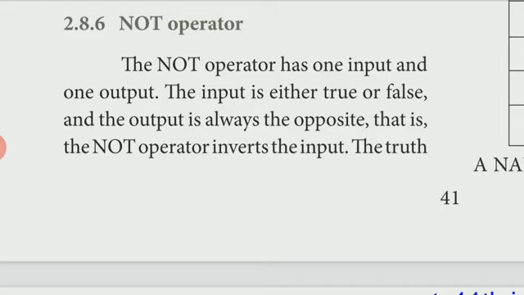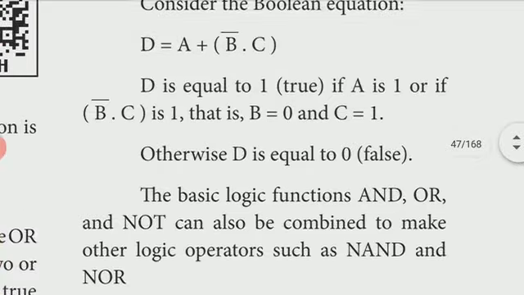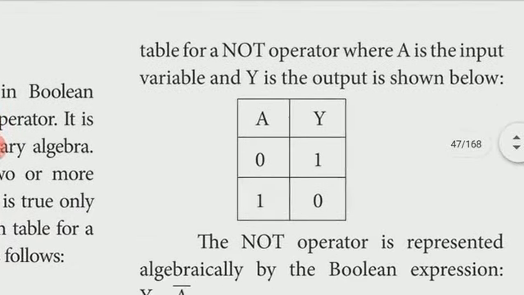That is, the NOT gate works like this: if the input is true, the result becomes false, just opposite. And if the input is false, the result becomes true. That is inverse. For example, see here, this is the truth table.